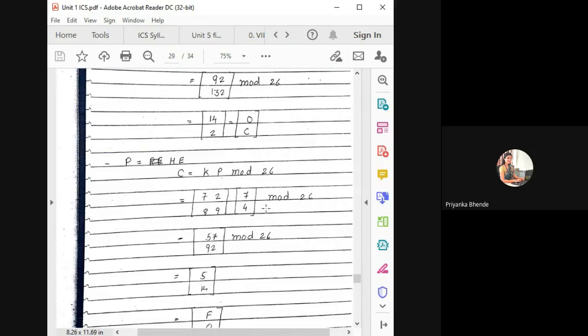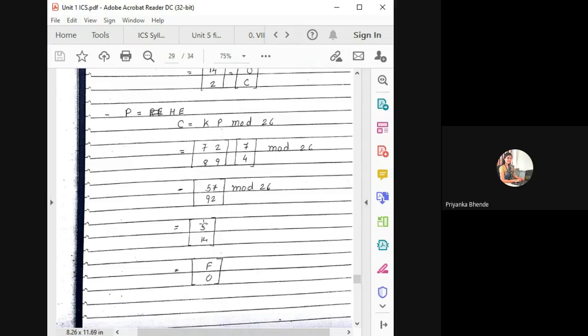After again solving the matrix multiplication, we get 57 mod 26 and 92 mod 26. After solving this mod, we get the alphabets F and O, since the corresponding letter of 5 is F and the corresponding letter of 14 is O.